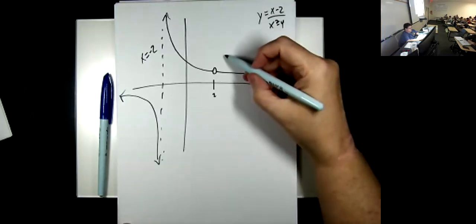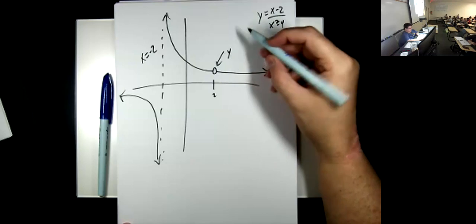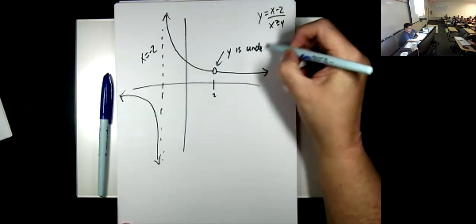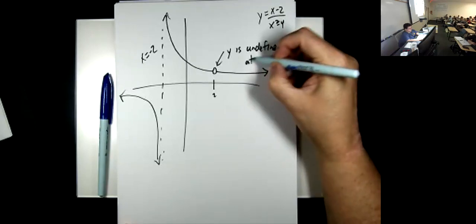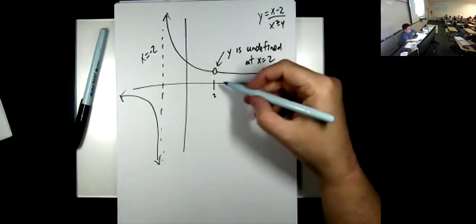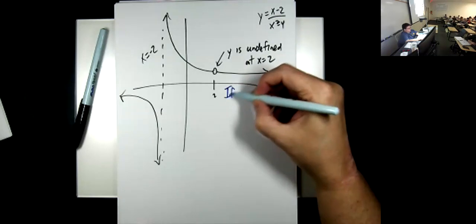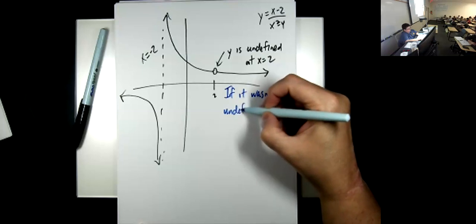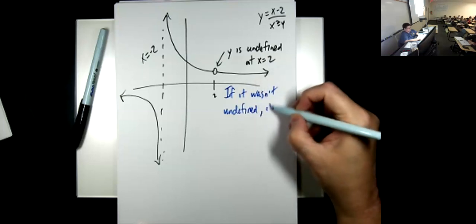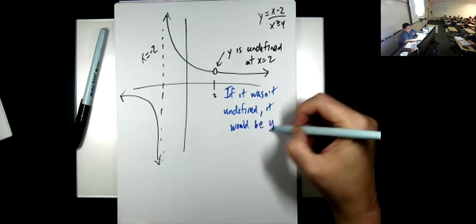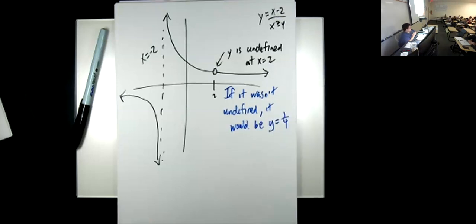And we can see that even though y is undefined at x equals 2, we can find out what value it gets close to. If it wasn't undefined, it would be 1/4. That's what our limit found.